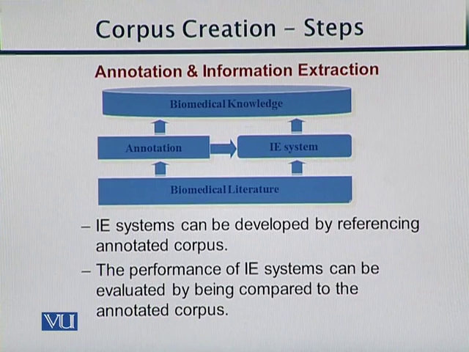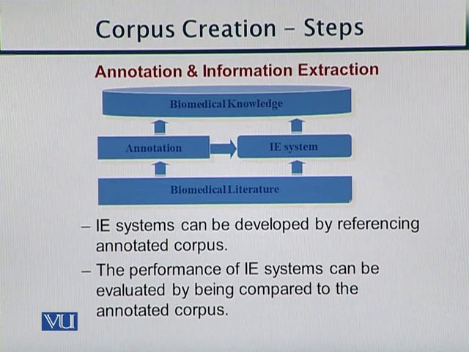From biomedical literature we move towards biomedical knowledge, and in between these 2 we always have annotations. Annotation means putting labels on that data, and information extraction systems mean getting useful information from this literature and putting it into biomedical knowledge. So finally, based on biomedical literature we gather some useful information which is knowledge.